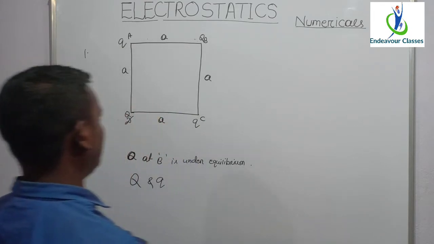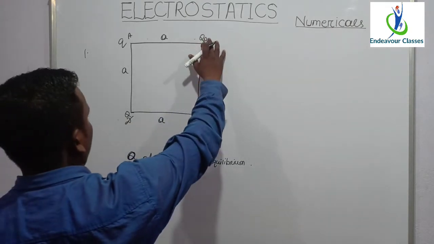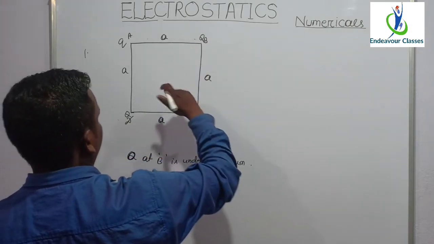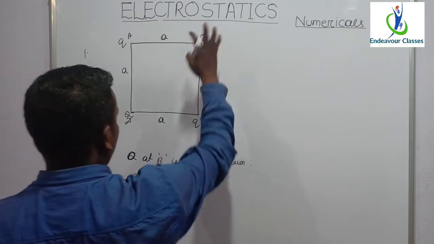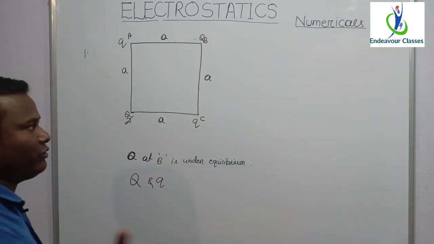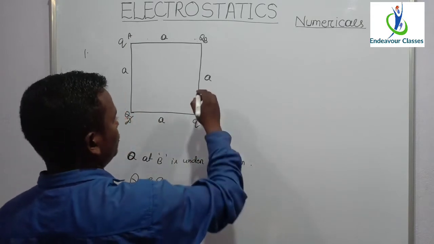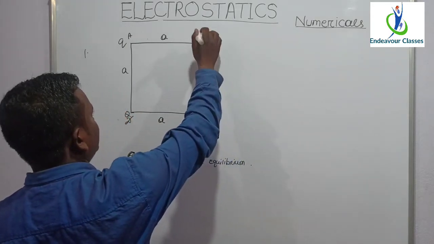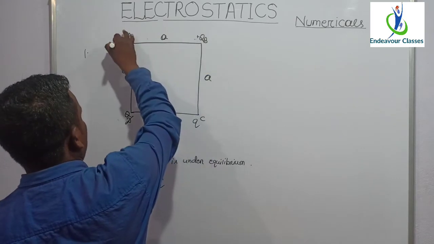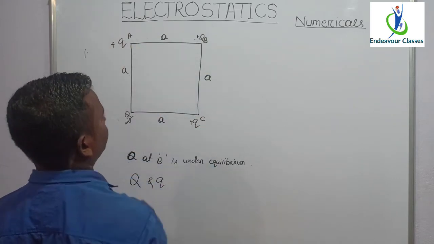So let us find all the forces acting on the charged particle Q located at B. Here the charge Q will experience 3 forces due to the charges Q, capital Q and small q. Let this charge be positive, this also positive and this also positive.